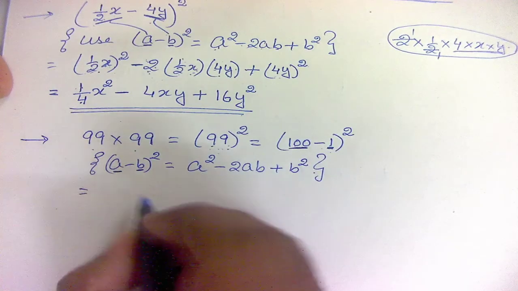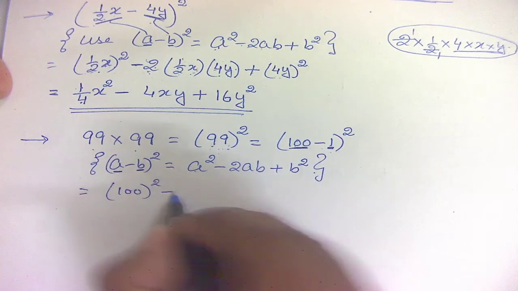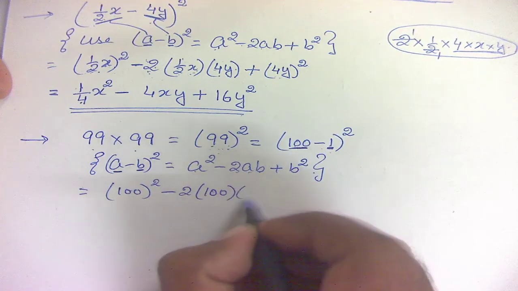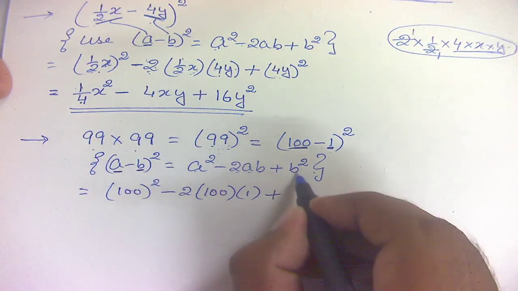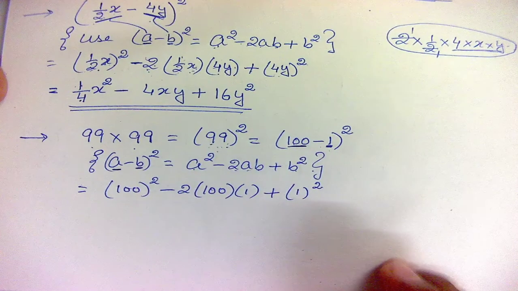So what you will write is a squared, which is the square of 100, minus 2ab, 2 multiply 100 multiply 1, and plus b squared, that is the square of 1.